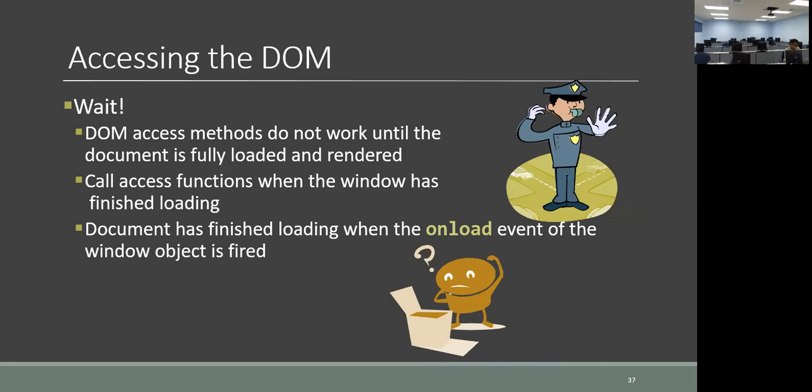There are other methods that will allow you to check the state of your document. There's an attribute called ready state change, I think it is, and it has different values depending on the state that the document is in. So when it's loading, when it's waiting, or when it's rendering, you can test the state of the document itself to find out how far along it is in terms of being available for manipulation.